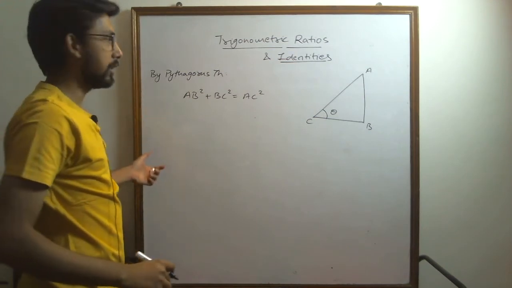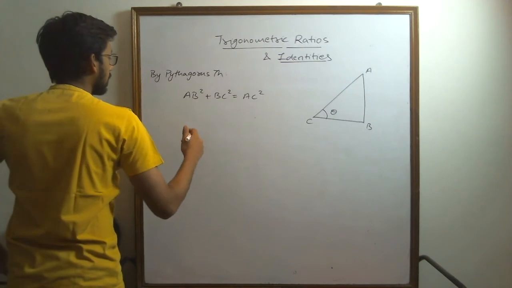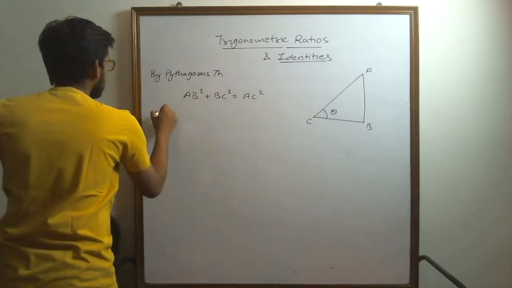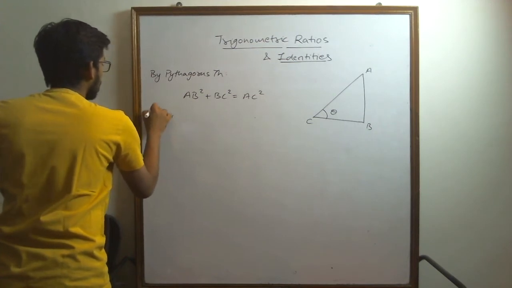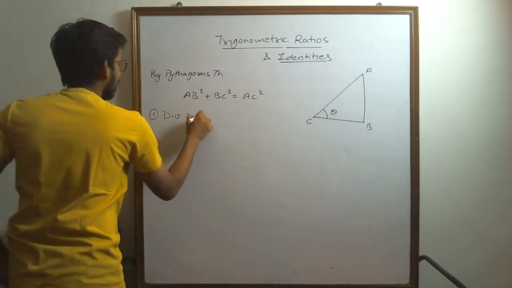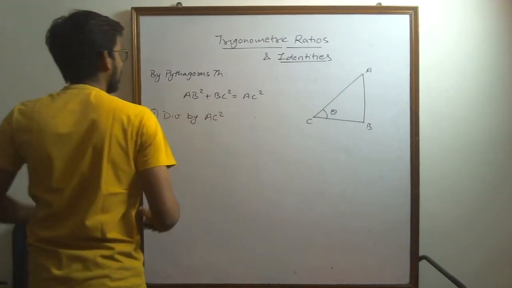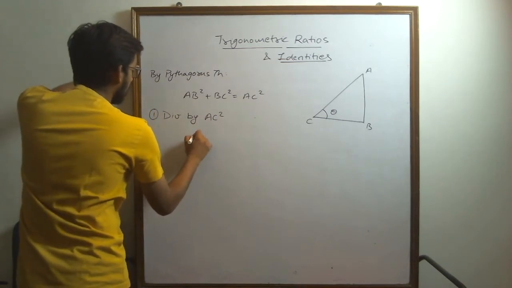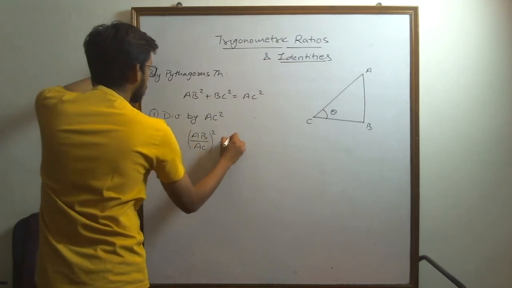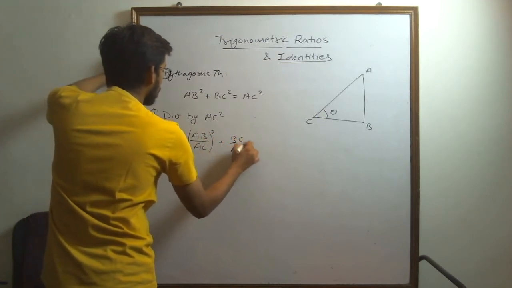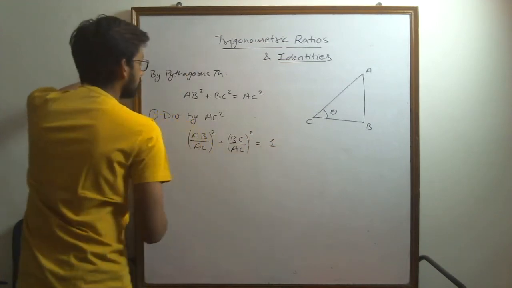To get the identities, we can simply do a few steps and get all 3 identities. First, to get the first identity, we divide the complete identity by AC square. That gives us AB upon AC whole square plus BC upon AC whole square is equal to AC square upon AC square, which is 1.